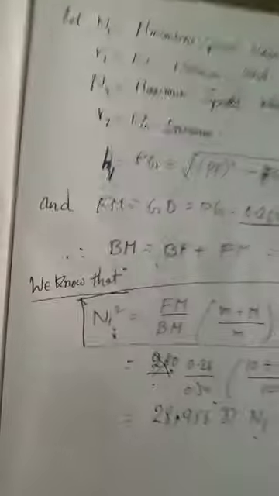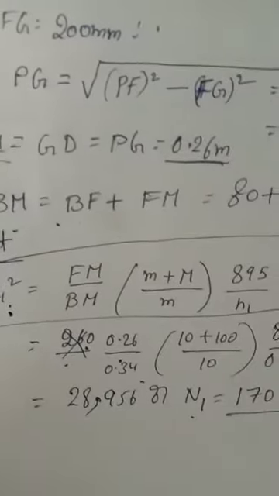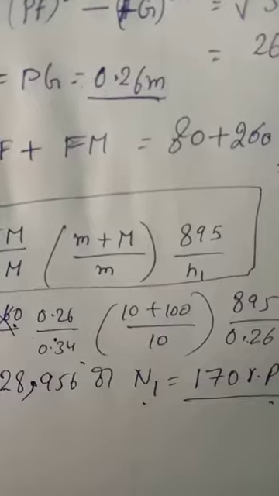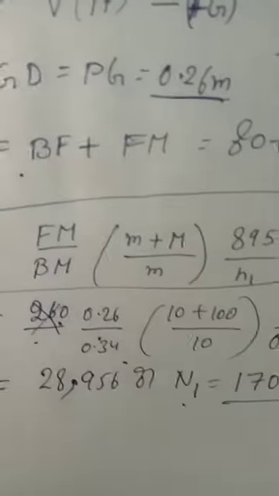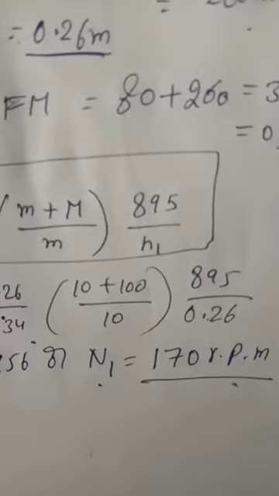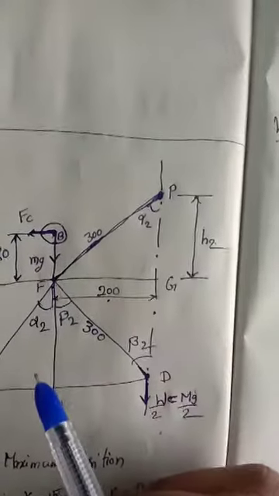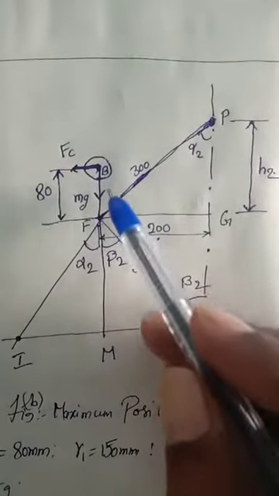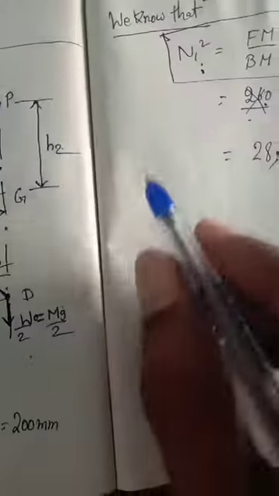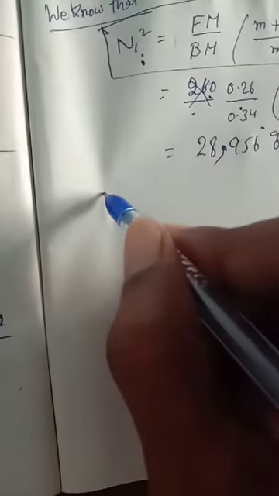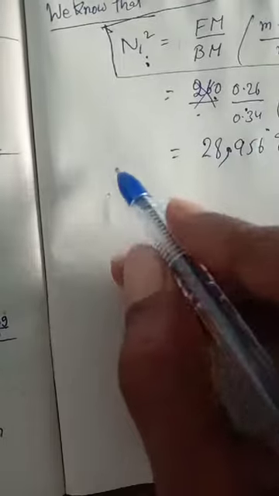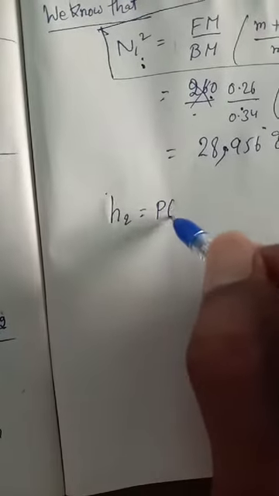Okay, and so next we are going to consider this second thing. Here we are going to find out the N2 value, by a similar procedure. There is nothing different here. We are going to find h2 first, and then the BM value. Okay, now figure B, we are going to consider the height h2 is equal to PG.